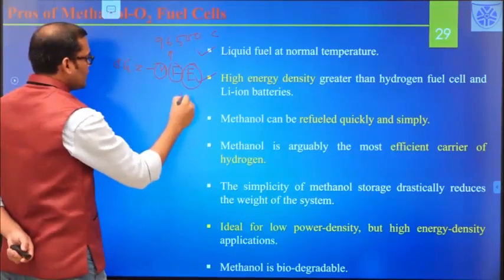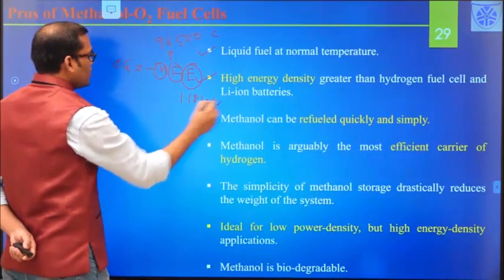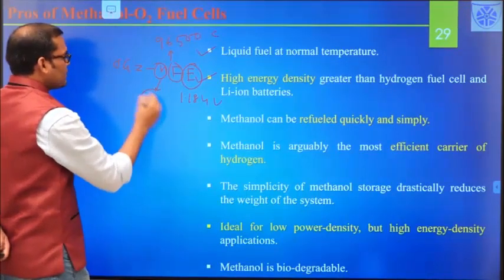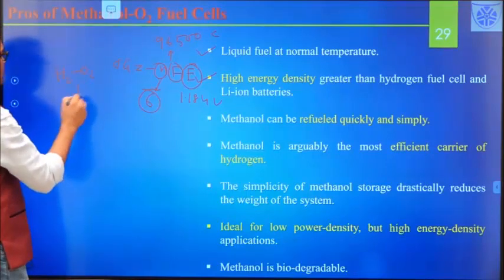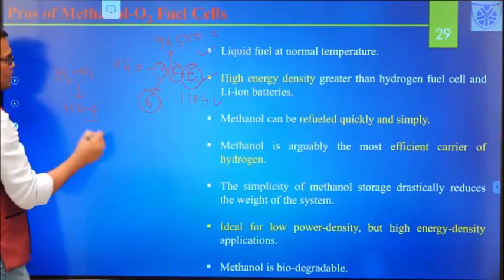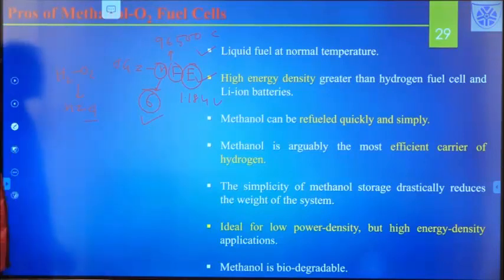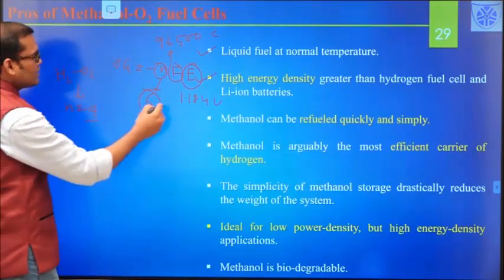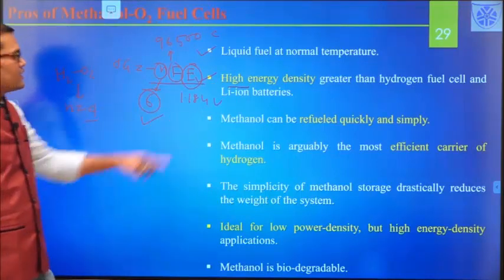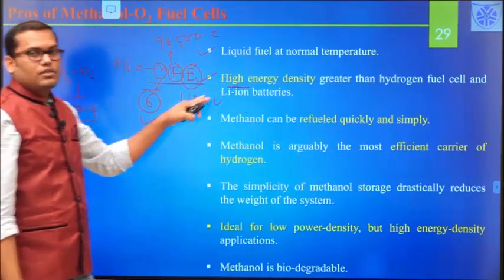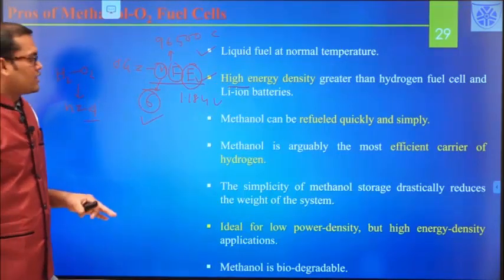For the methanol oxygen it is 1.184 volt and the number of electrons is 6. In case of the hydrogen oxygen fuel cell, the number of electrons is 4. In case of the methanol oxygen fuel cell, the number of electrons is 6. So that's why it has high energy density. If you take the product of these three, you will get higher energy density for this methanol oxygen fuel cell as compared to the hydrogen oxygen fuel cells.